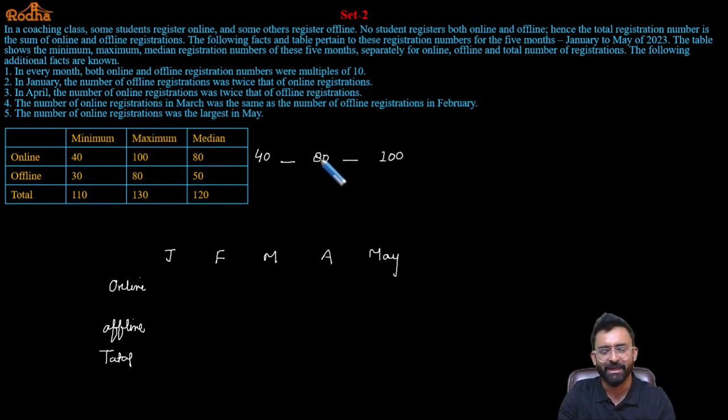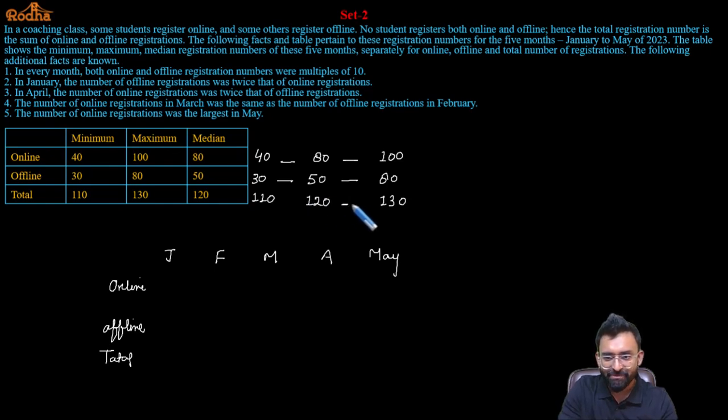Similarly, for offline, minimum is 30, maximum is 80 and median is 50. And the same goes for the total enrollments, which is minimum 110 and maximum 130 and median is 120. So these numbers are very close.